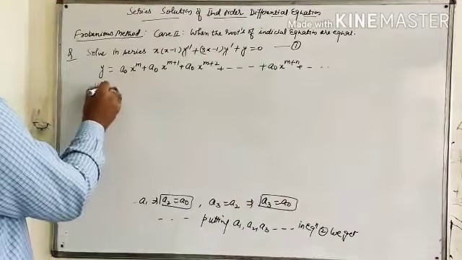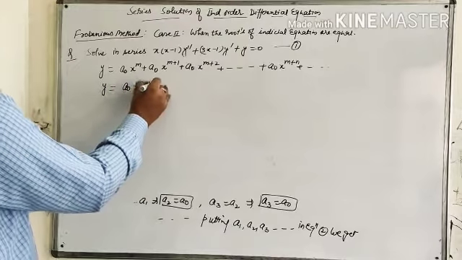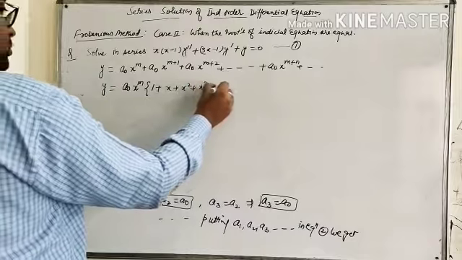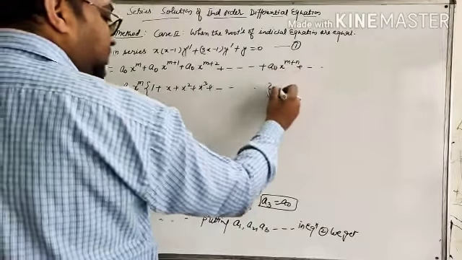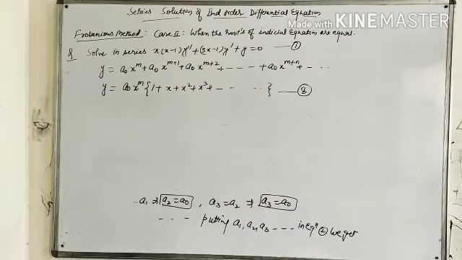Or we can write y equals a naught x raised to power m into 1 plus x plus x square plus x cube and so on. So this is equation number 8. But this is not the complete solution, because the complete solution is given by equation number 6.